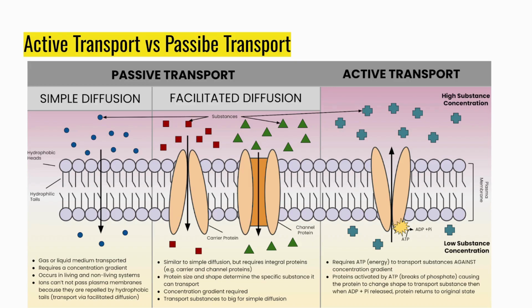Active transport is needed when we want to transport things against the concentration gradient. With the concentration gradient would be high concentration to low concentration. Against the concentration gradient is going to be low concentration to high concentration. So the proteins are activated by ATP, and it causes the protein to change shape and essentially scooch the substances through, against the concentration gradient.